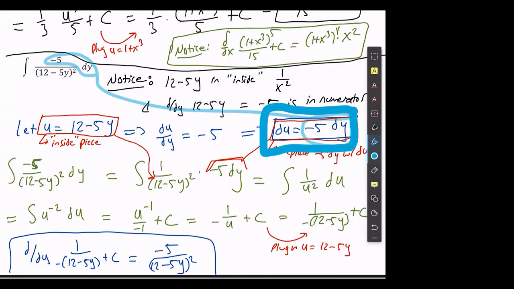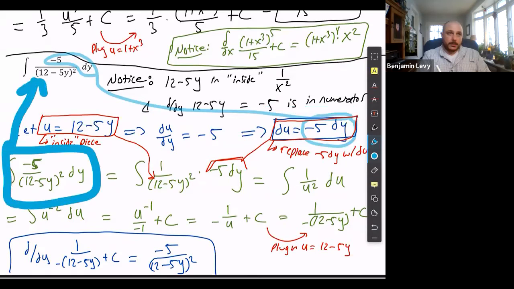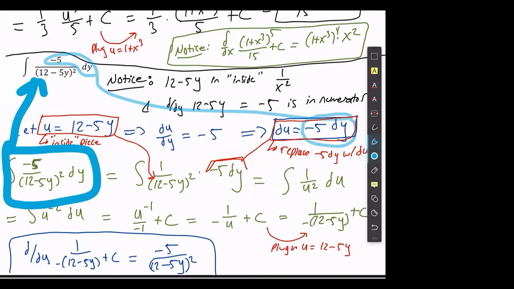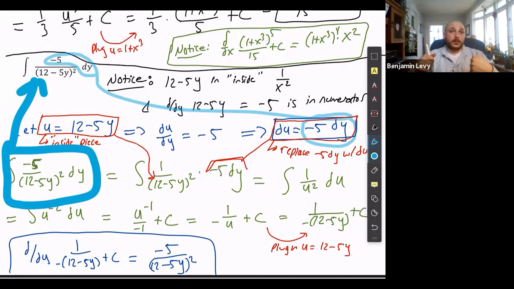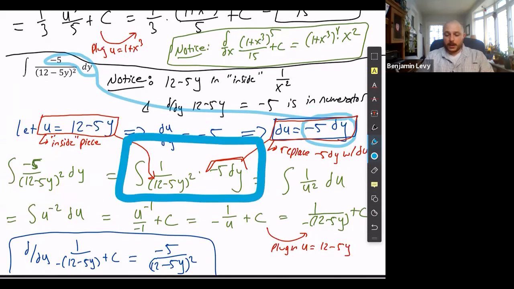Here I am rewriting the function. This is the same thing that's on the top. Oh, because u is in the bottom. Yeah, u is the thing that's inside the thing being squared. So when we make the substitution, this is the thing that's important to look at: this thing right here, this thing inside, becomes u. This -5 dy became du.